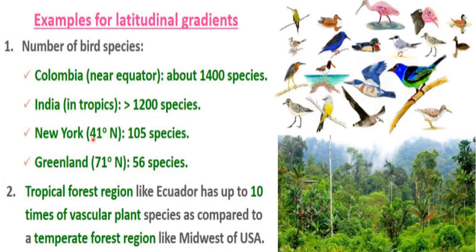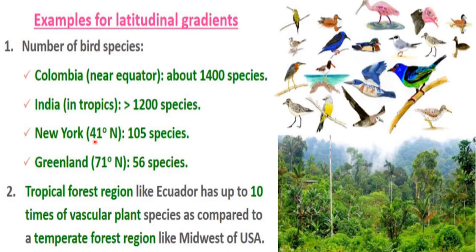In New York, which is 41 degrees north, away from the equator, you can say, only 105 species are found. So you can see this latitudinal gradient here, that there is an effect on the number of species due to the position of an area with respect to the equator.